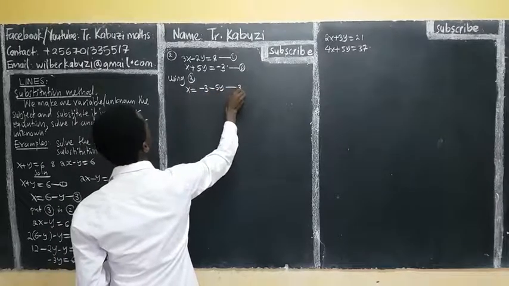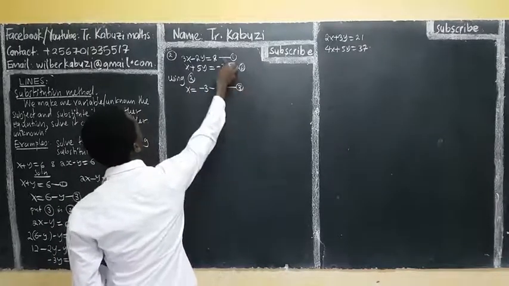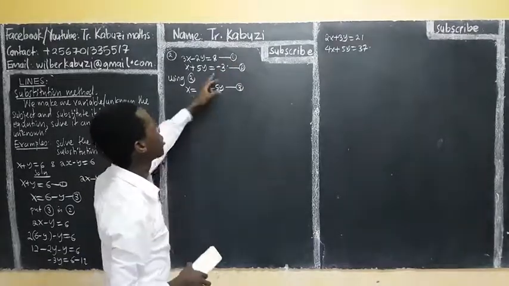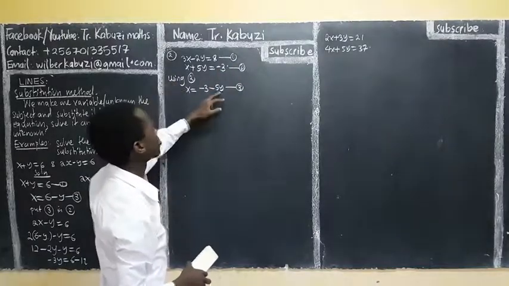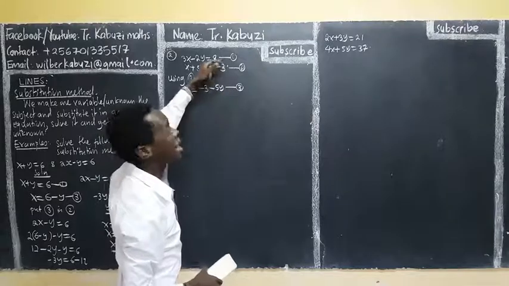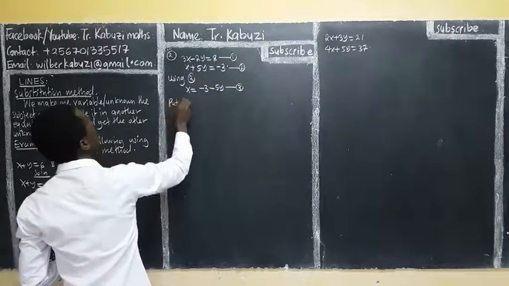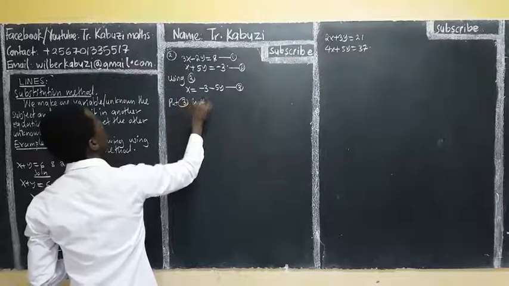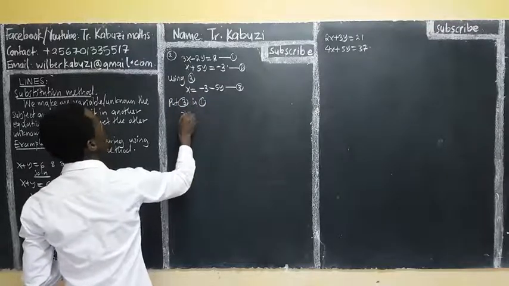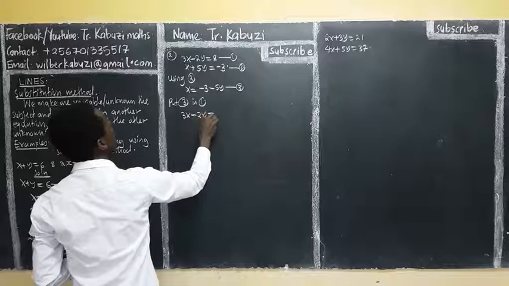I call this equation 3. Now we put this in equation 1, because we have used equation 2 to get 3. So put 3 in 1, where 1 is 3x minus 2y equals 8.